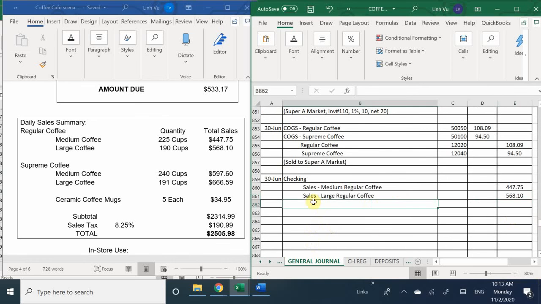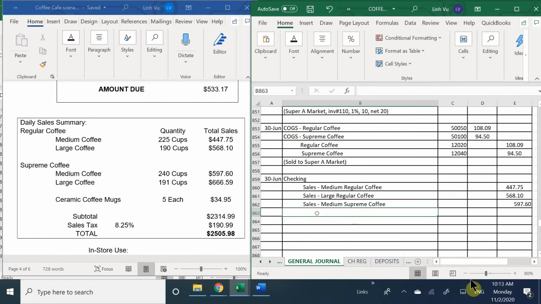What's the next thing I sold? Supreme coffee, medium coffee, 40 cups for 597.60. Good.